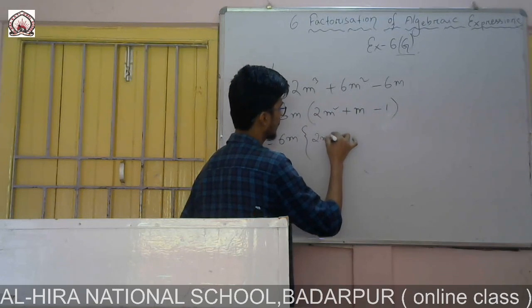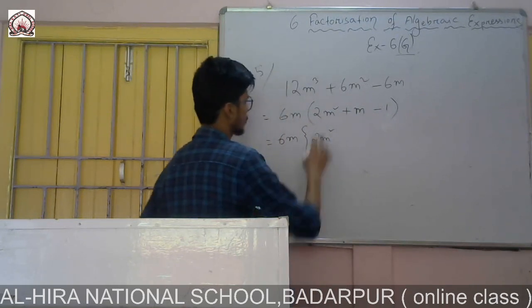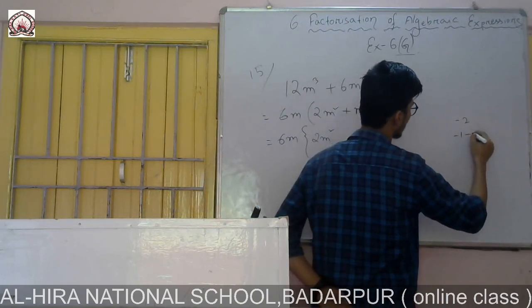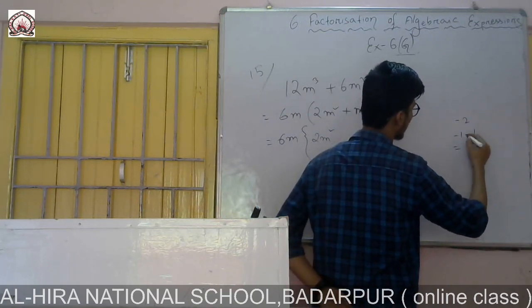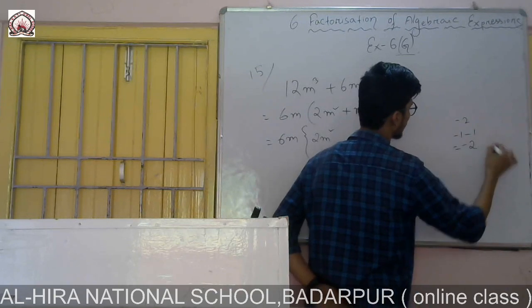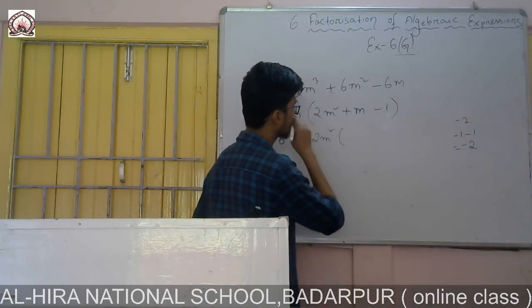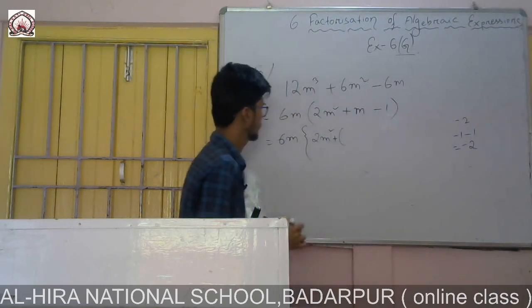So 2m square. 2 1s are 2, minus 2, that means minus 1, minus 1, minus it is plus. So it will be minus 2.